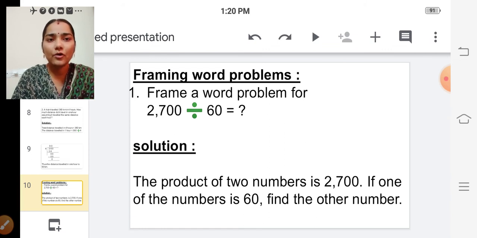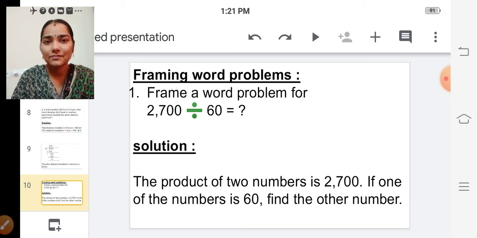Frame a word problem for 2700 divided by 60. So we are going to frame a word problem. Can you frame a word problem for this division?